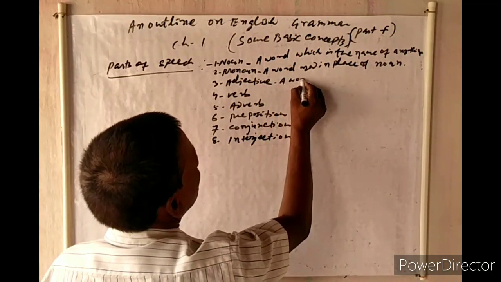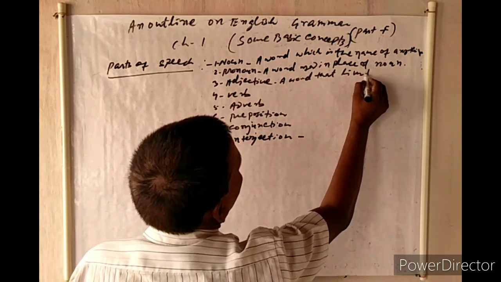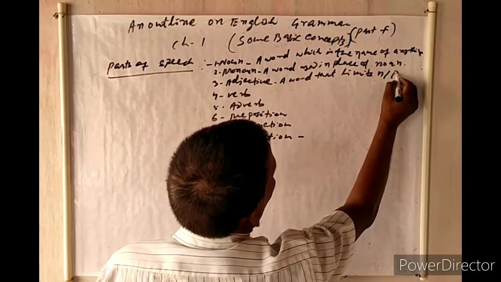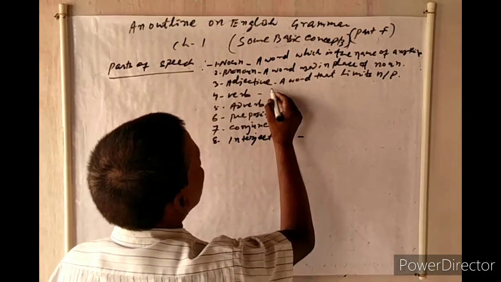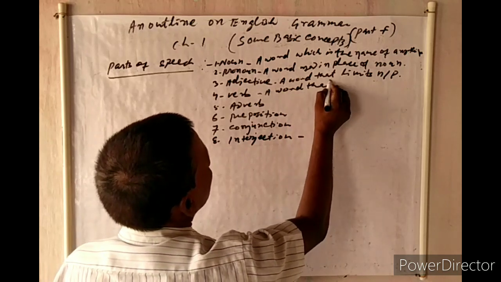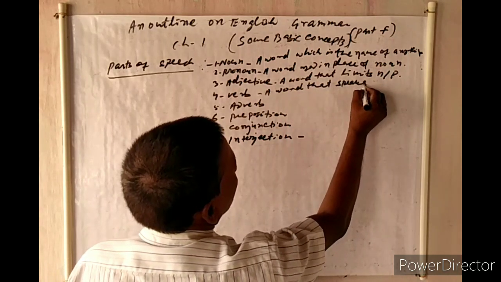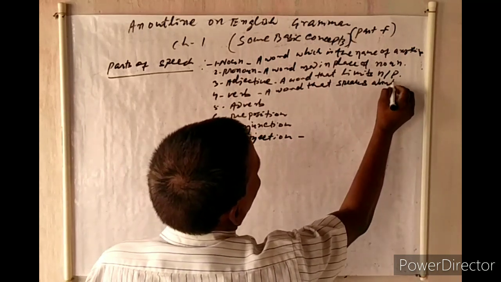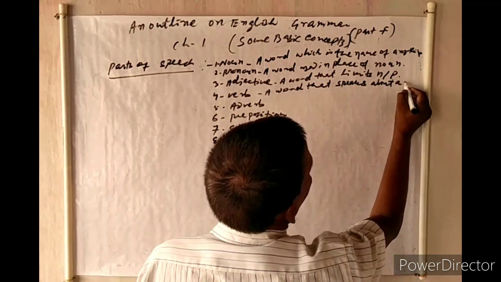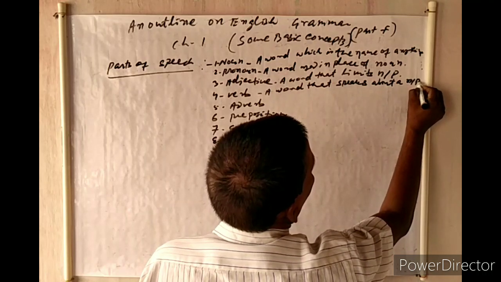An adjective is a word that limits a noun or pronoun. A verb is a word that speaks about a noun or pronoun.